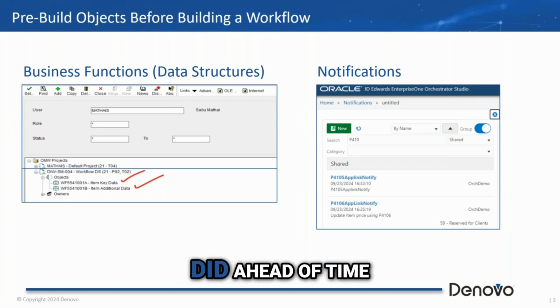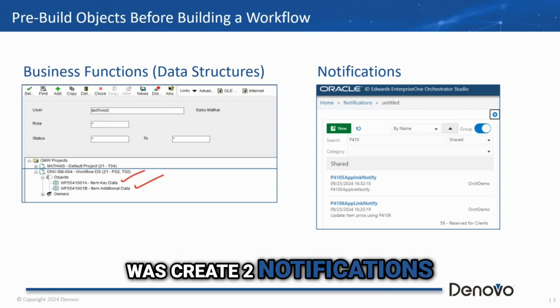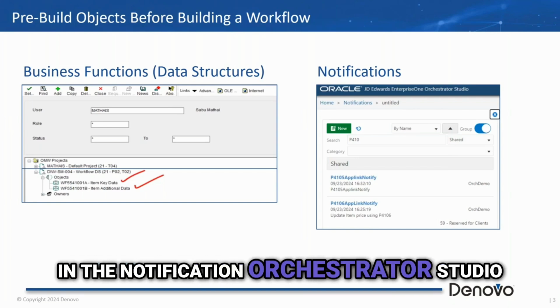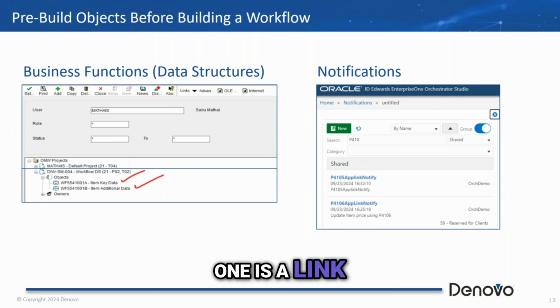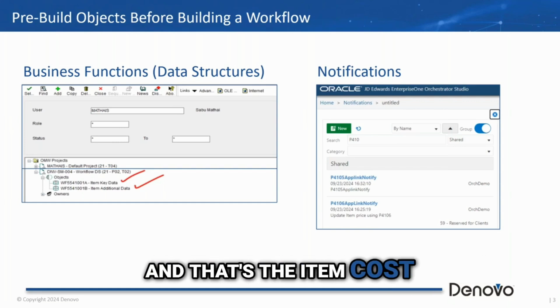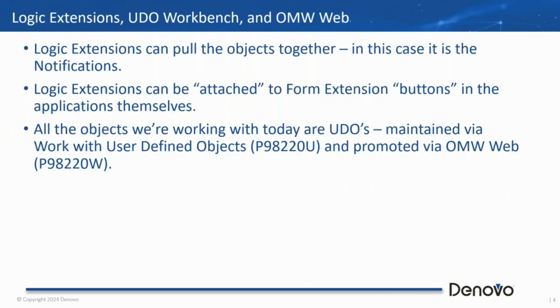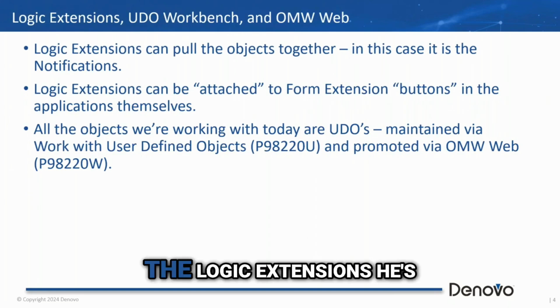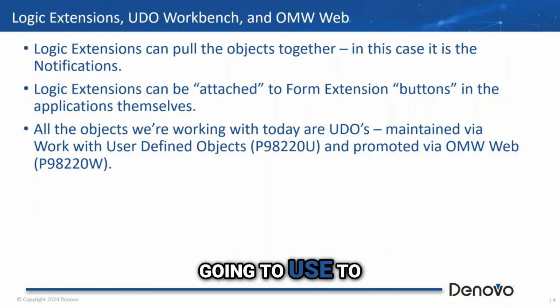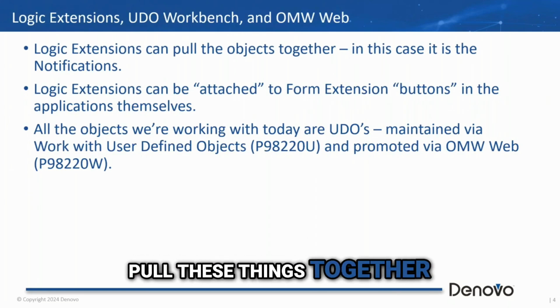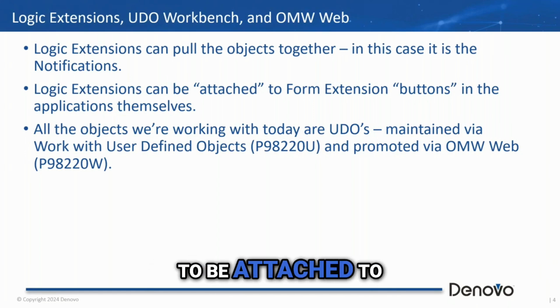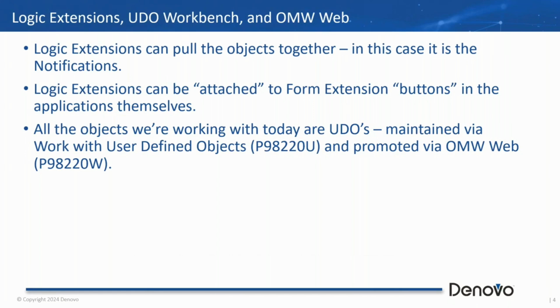The second thing he did ahead of time was create two notifications in the Notification Orchestrator Studio. One is a link to the P4115, and that's the item cost. The second is a link to P4106 item pricing. The logic extensions he's going to use pull these things together, and that's what's going to be attached to the form extension button.